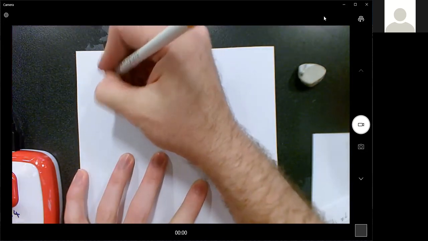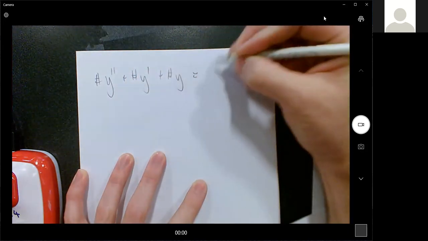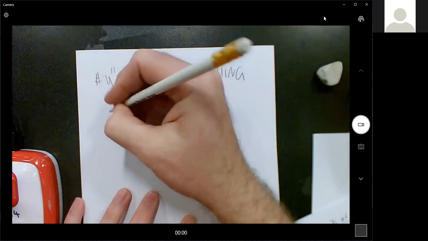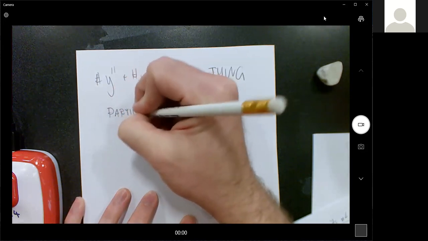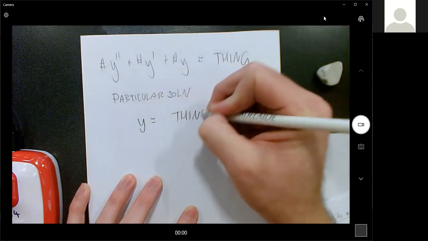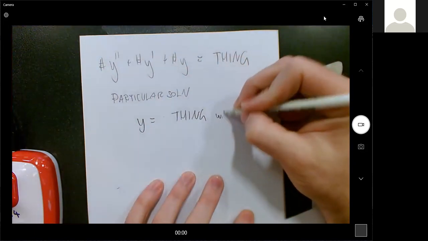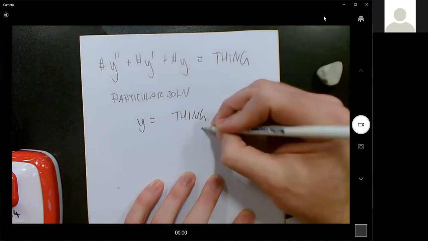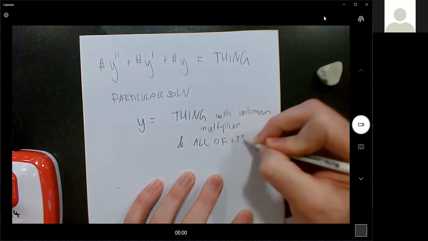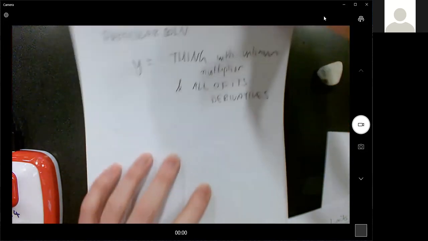So if you see something y dash plus something, if this is what you've got, numbers in these spots and a thing here, then for the particular solution you put y equals thing, but with an unknown coefficient, like the multiplier down the bottom, not at the top, and all of its derivatives. I'll show you what I mean by that.